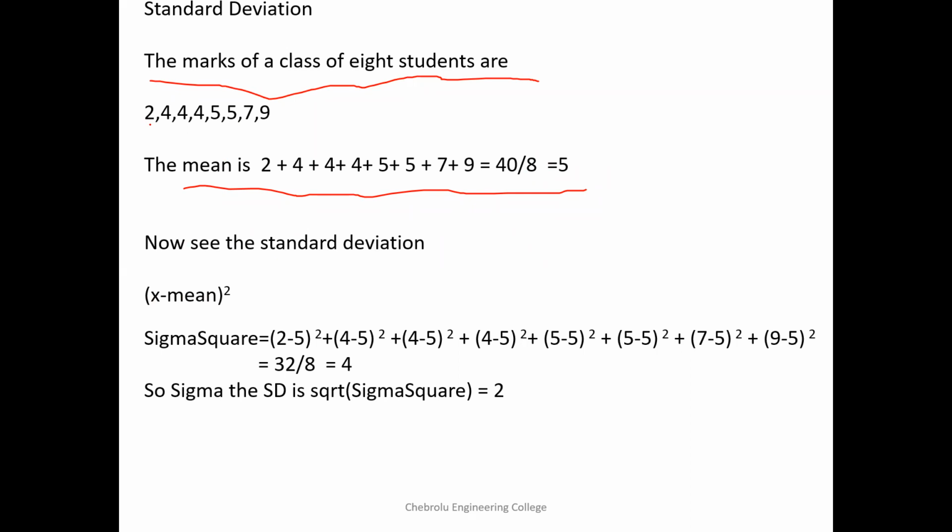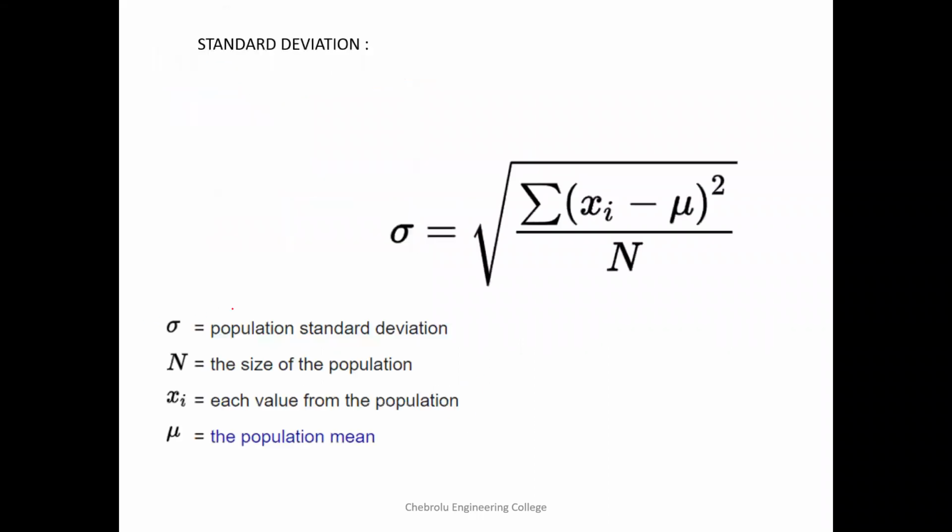Sigma square is 2 minus 5 whole square, 4 minus 5 whole square, again 4 minus 5 whole square, 4 minus 5 whole square, 5 minus 5 whole square, and so on. When summed up, it gives 32. So 32 by 8 is equal to 4. The standard deviation is the square root of sigma square, which is 2.